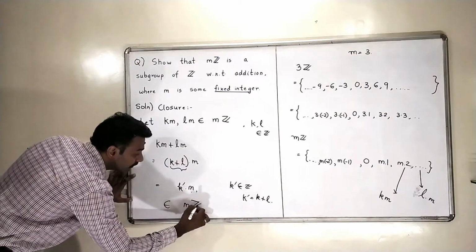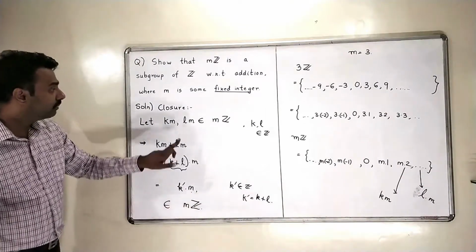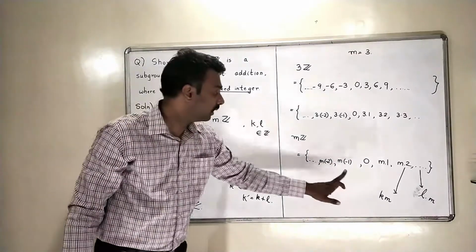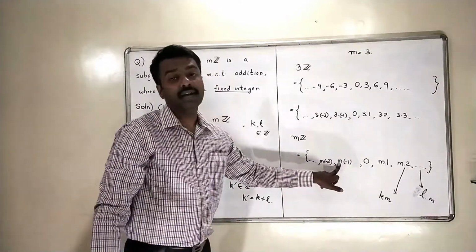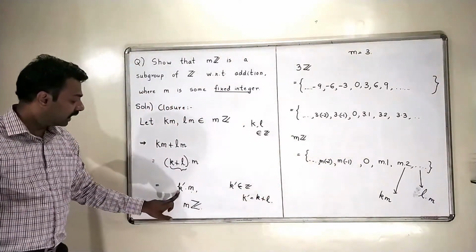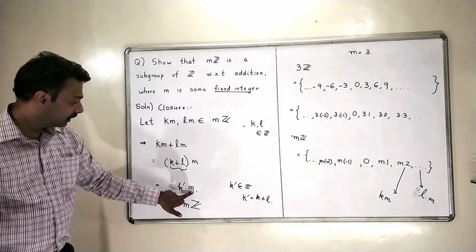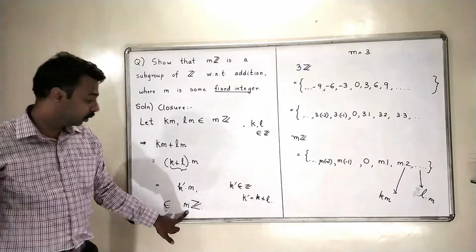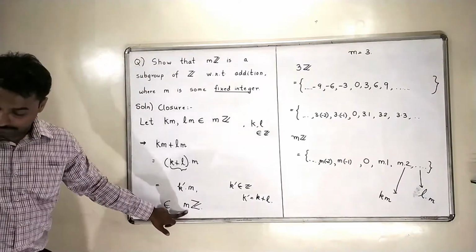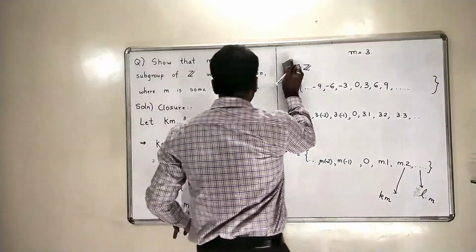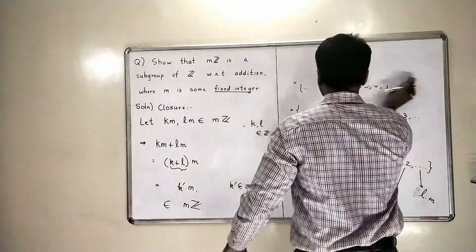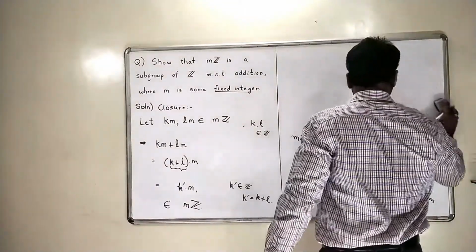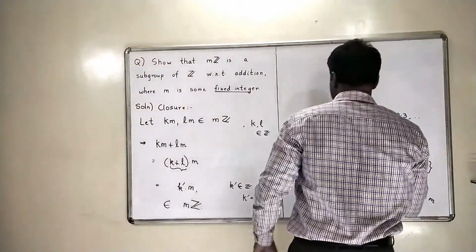So this element belongs to MZ, because MZ contains all such elements where something is multiplied by m. This means that this element is a multiple of m, and therefore it has to go in the set MZ. So this is the closure. So closure holds.